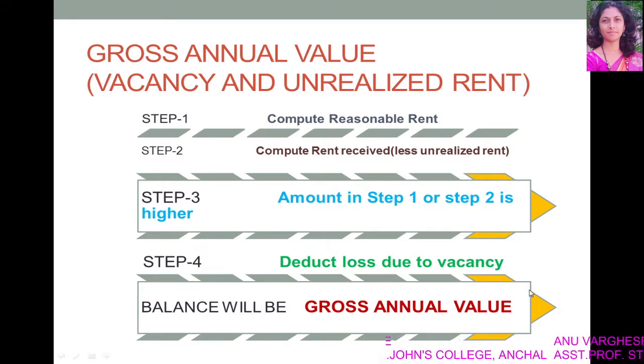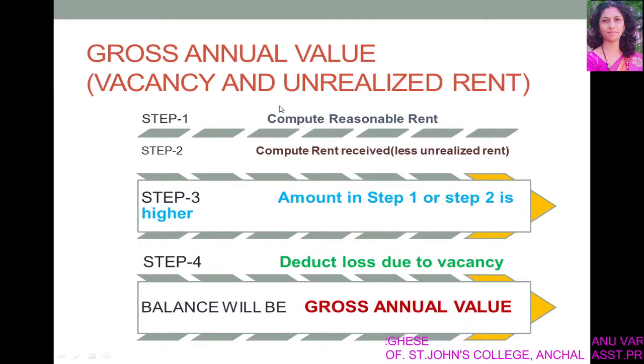Hope that you are remembering that point. From gross annual value, you deduct two things, that is unrealized rent and municipal tax paid. Then you get annual value. But when there is a vacancy period and unrealized rent, how do we compute gross annual value?